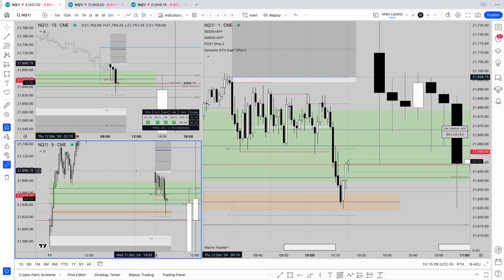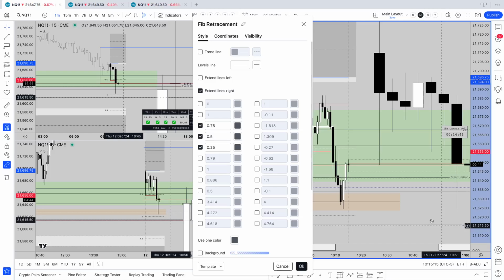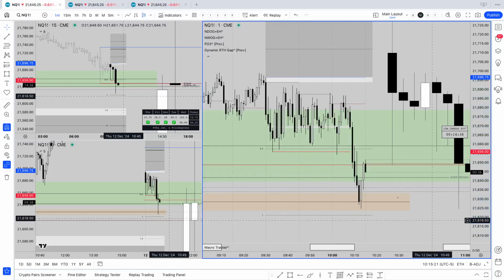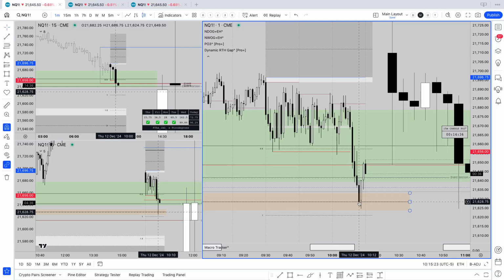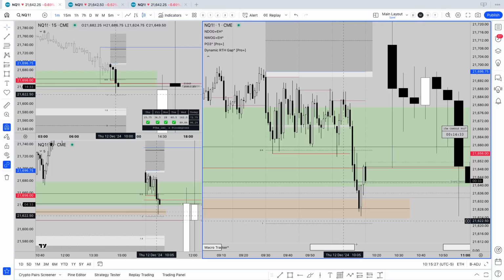We are basically trading below the event horizon or the equilibrium of that specific fair valuation range, and we are trading at the first presentation of the 5 minutes from yesterday. We are just a little bit outside of the macro window.